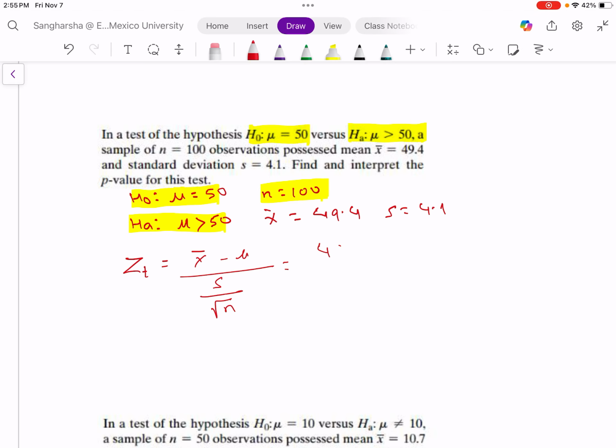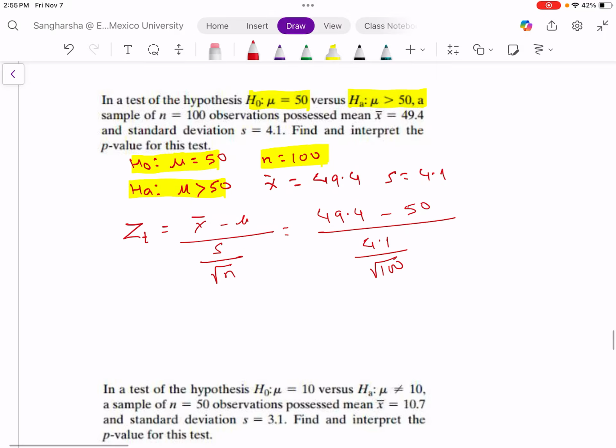So our x bar is 49.4 minus mu, which is 50, divided by s, 4.1, divided by the square root of 100. 49.4 minus 50 is negative 0.6, divided by the square root of 100, which is 10. 4.1 divided by 10 is 0.41, and negative 0.6 divided by 0.41 is negative 1.46.